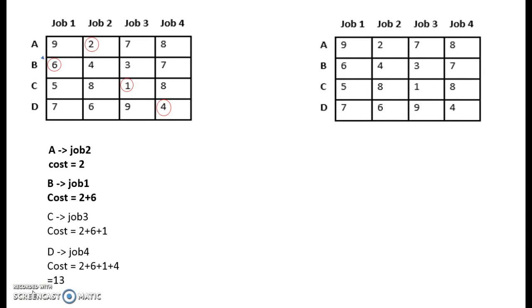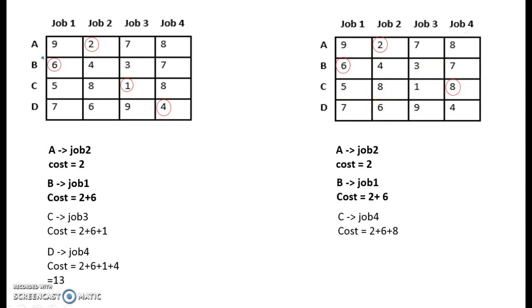Now we assign job number 4 to person C. First job number 2 is assigned to A, cost is equal to 2. Job number 1 is assigned to B, which cost is 6 plus 2. Now job number 4 is assigned to person C. The cost will be 2 plus 6 plus 8.